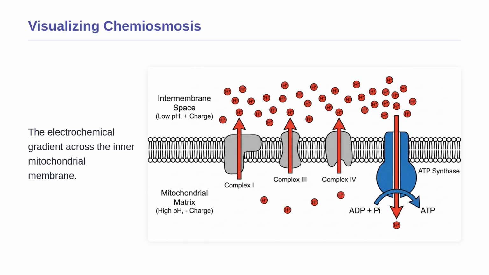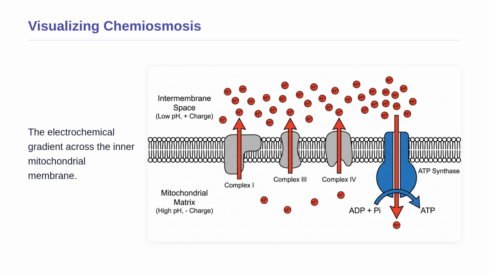Before we move on to the mathematics, let us see this with a concrete visual. Here we are looking at the inner mitochondrial membrane. Notice the top area, the intermembrane space? It is packed with positively charged protons, creating a highly acidic, positively charged environment.